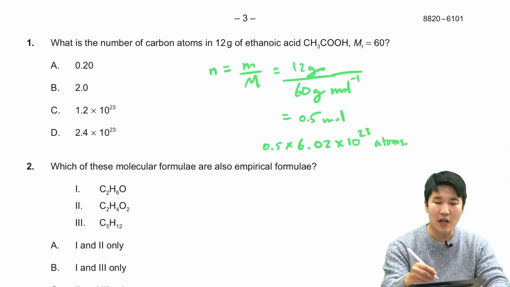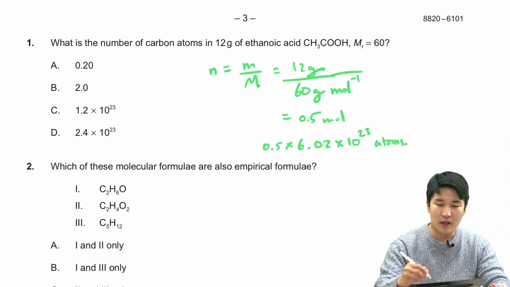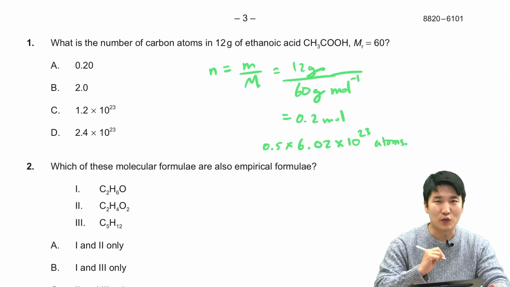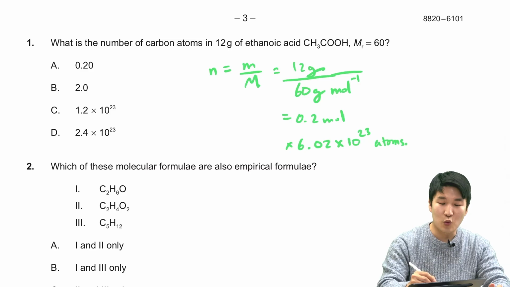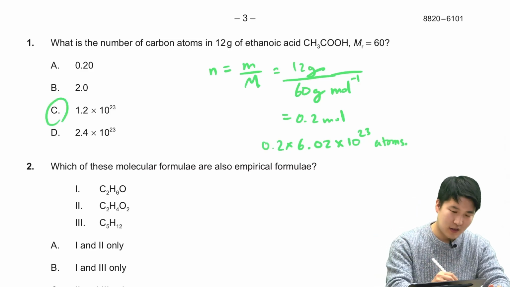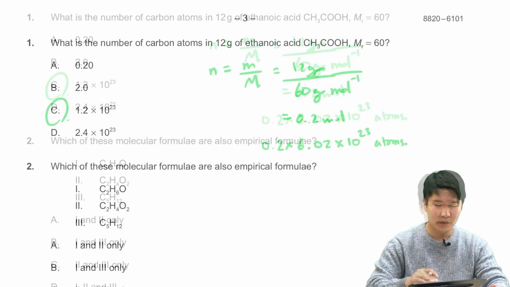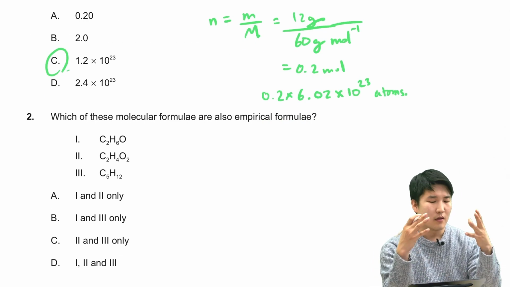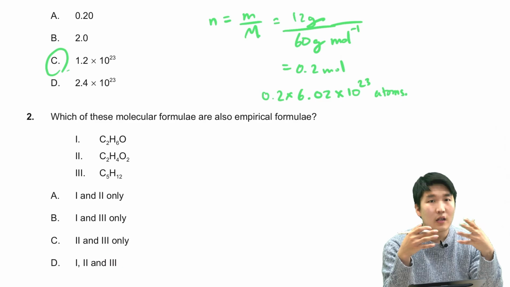Sorry, there was a calculation error. Let me go back and put 0.2. If we multiply the Avogadro constant with 0.2, we will end up with option C.